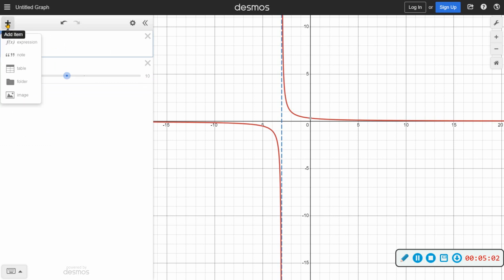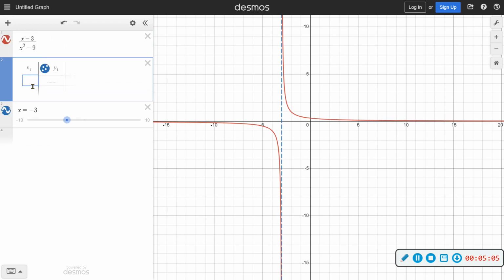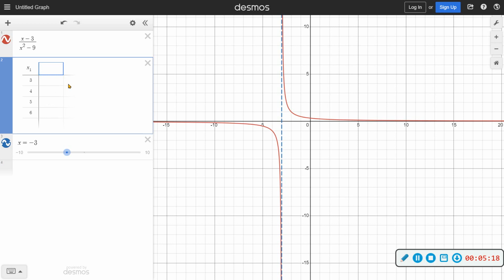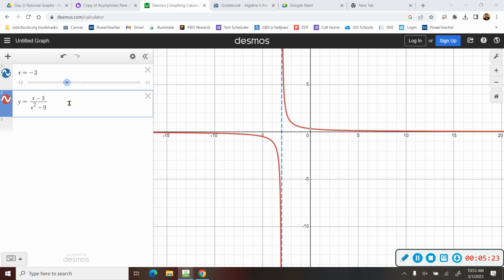I forgot to do the table for that. I have to click there. So let's see, 3, 4, 5. Oh, it's doing the blue one. We don't want the blue one. So when you're working with the table, I never noticed this before, but it doesn't know where to pull from. So what I could do is change that to an X and change that to a Y, because that's what the function is I was trying to pull from.